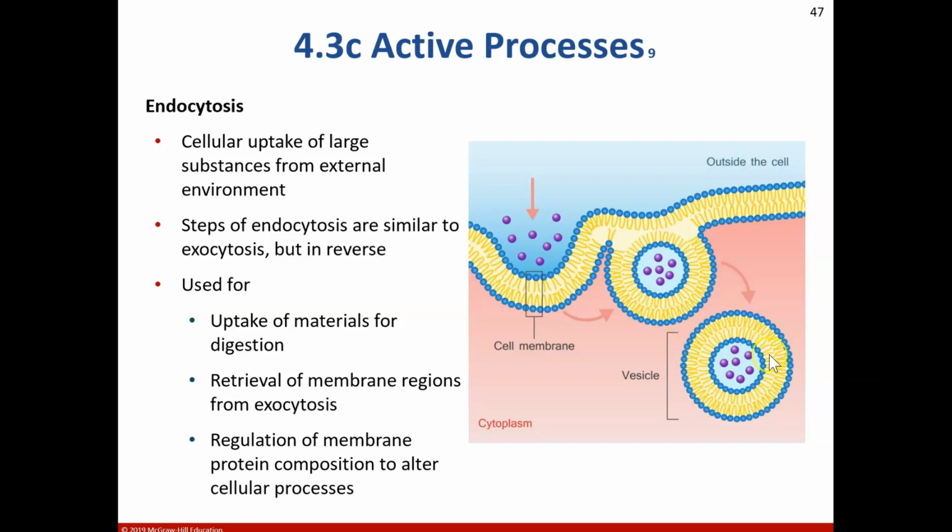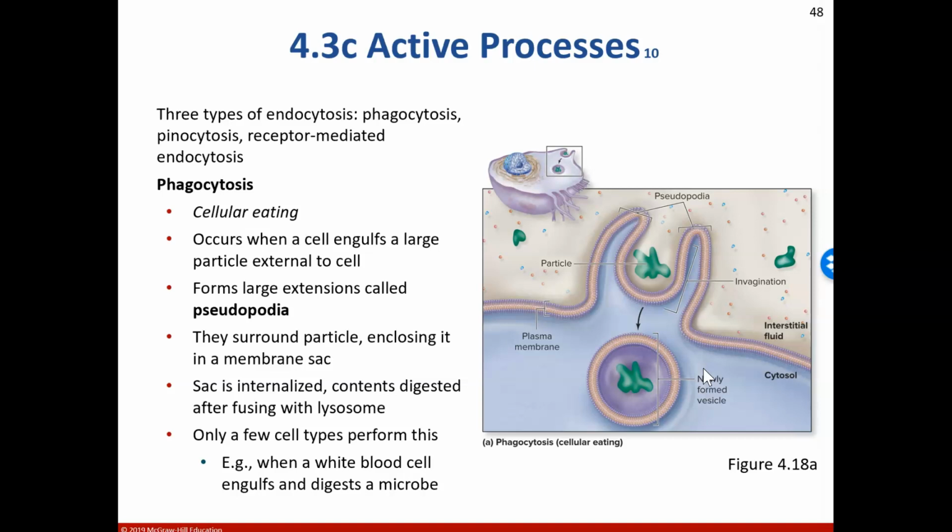And then through that vesicle, those contents can travel over to where they need to go for cellular processes to take place. And we have 3 different types of endocytosis. We have phagocytosis, which is pictured to the right here. Phago means to eat, and cyto is referring to cell.